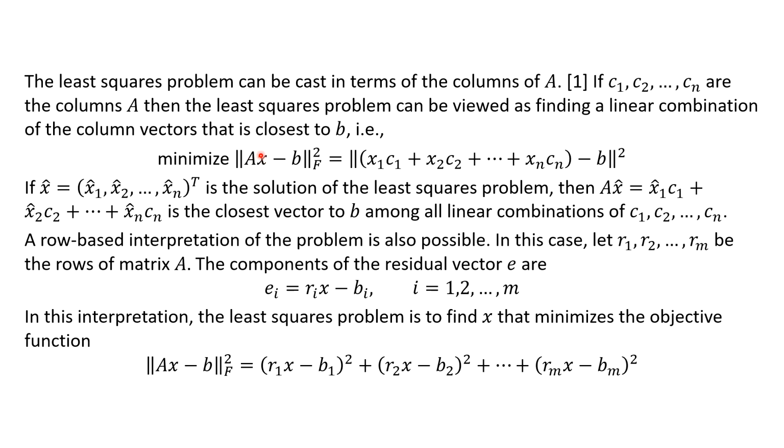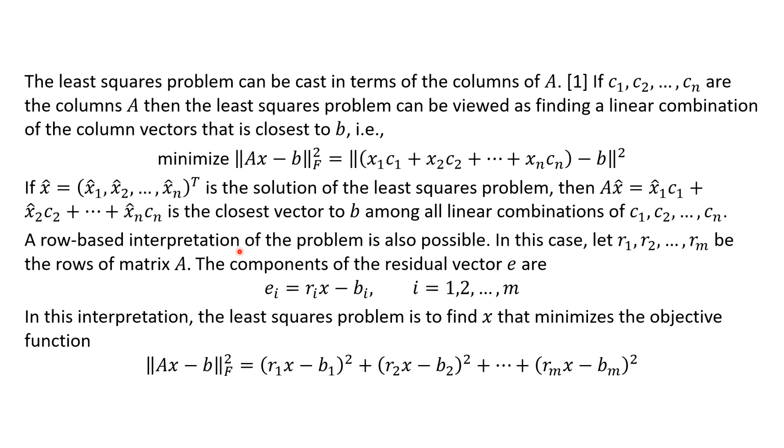So Ax can be written like this, where these c's are the columns of A, and we want to find this linear combination that minimizes this norm here. If x hat equals these elements here is the solution of the least squares problem, then A times x hat is the closest vector to b among all linear combinations of the column vectors of A.